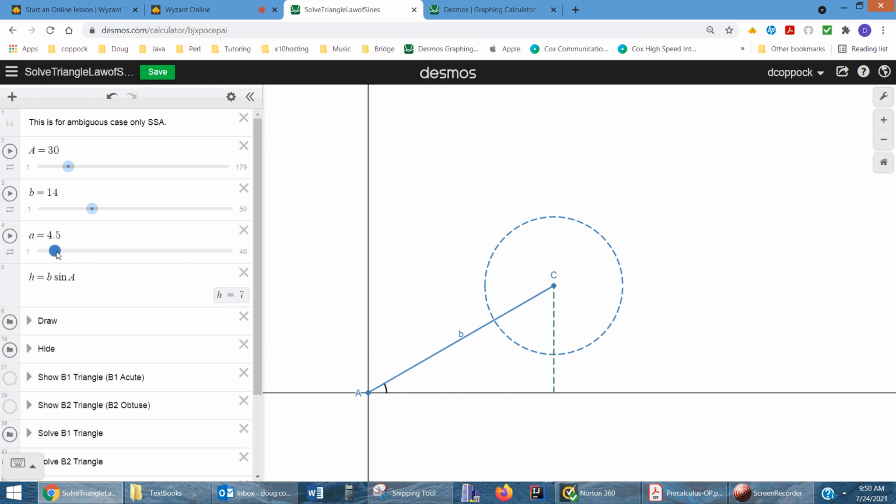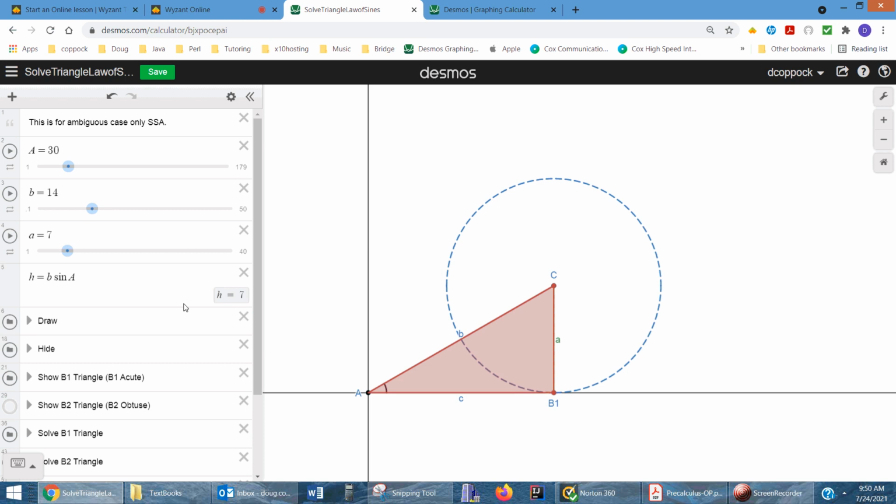As I increase the size of that radius, when it actually hits the opposite side, we have a triangle. And by the way, altitude is b sine of A. Since this is a 30-degree angle, the sine of 30 is a half. Half of 14 is 7, so this altitude is 7.